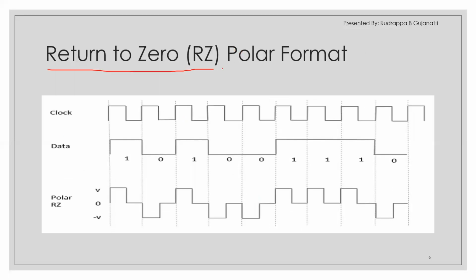Here, as I discussed, during a given half bit interval, if the representation returns back to zero, we term it return to zero. In polar format we have two polarities to represent the data. 0 will be represented with minus 5 volt and 1 with plus 5 volt.